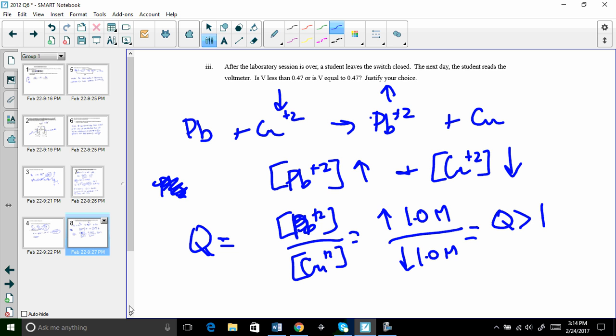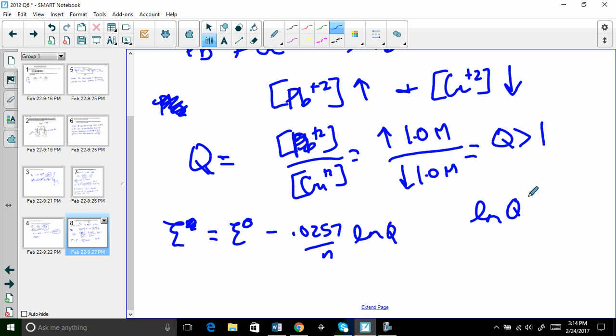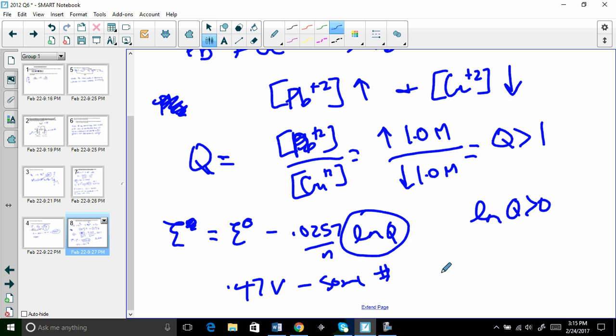And according to the Nernst equation, E is equal to E naught minus 0.0257 over n ln Q. If Q is greater than 1, then the ln of Q is positive. And so you would have 0.47 volts minus some positive number. We don't know what it is, but it's positive, and the sign in front is still negative. So the voltage won't be 0.47, it'll be less than 0.47 volts.